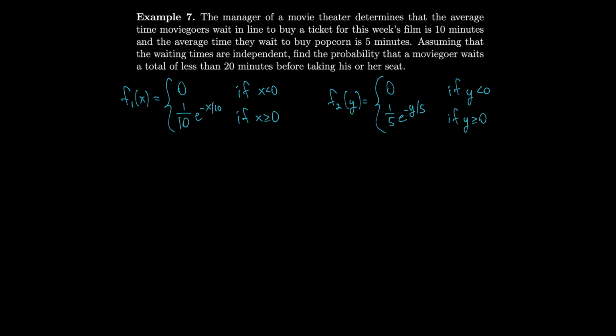And that means that because these are independent, our joint density function of two variables will just be what we get when we multiply these two functions.